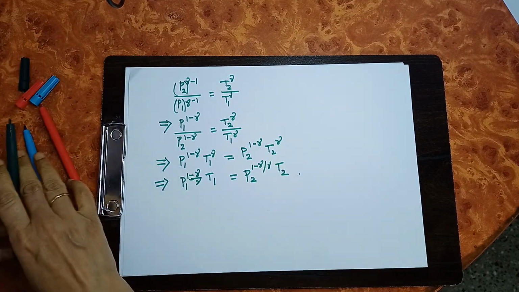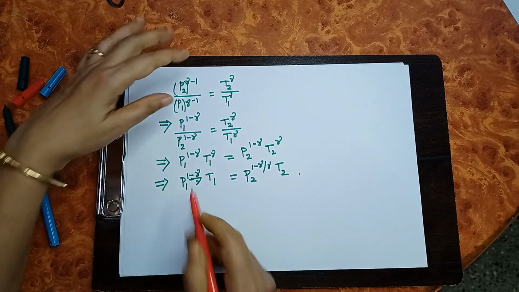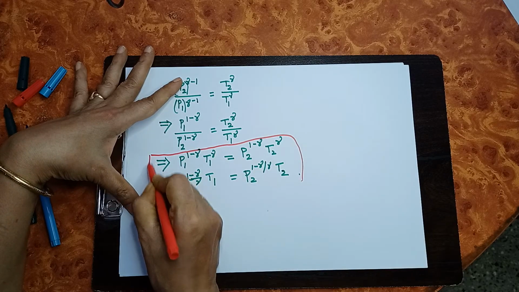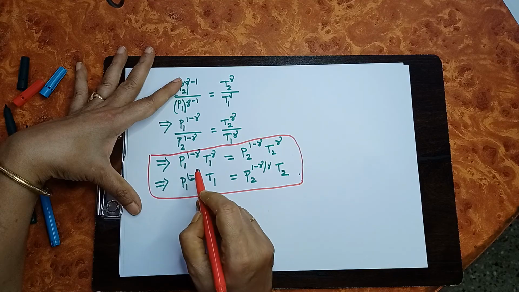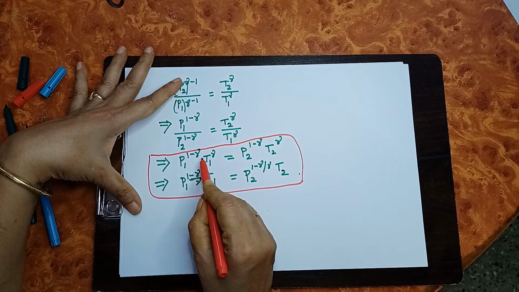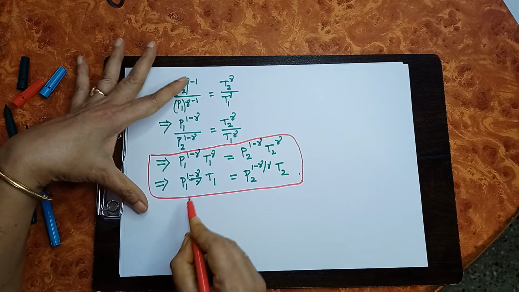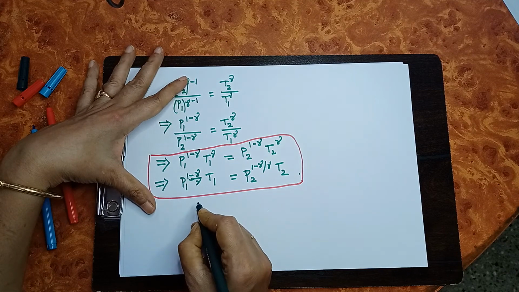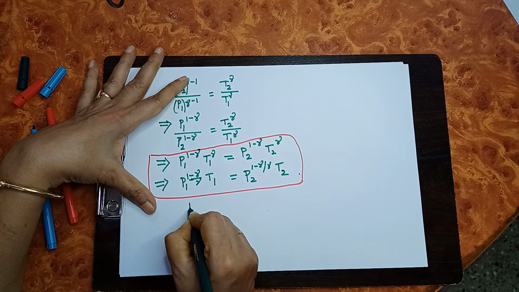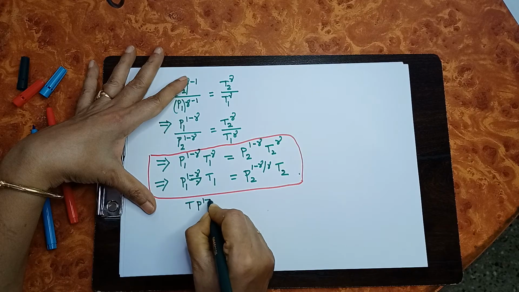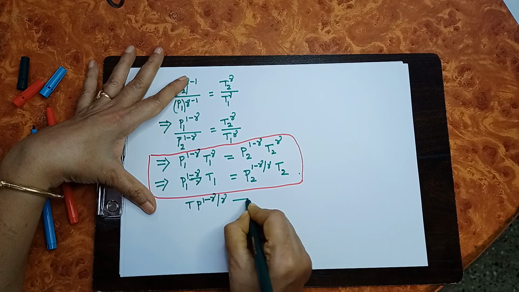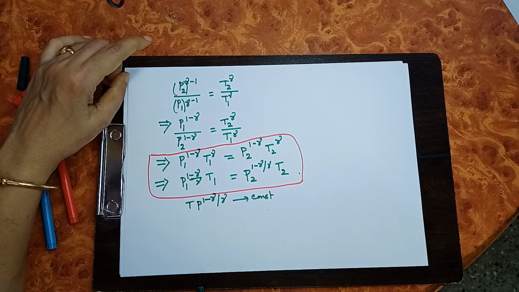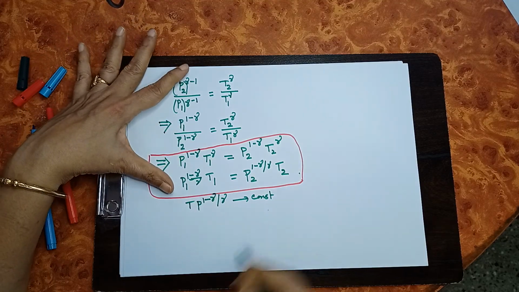So this is the relation between pressure and temperature in adiabatic reversible process. So what is the relation? That is P1 1 minus gamma, T1 gamma. That means from here what can I write? That T P to the power 1 minus gamma by gamma is constant in adiabatic reversible process. So what are the relations?